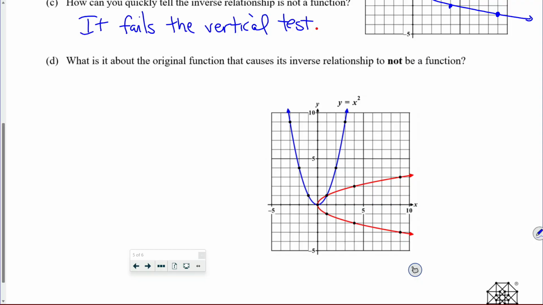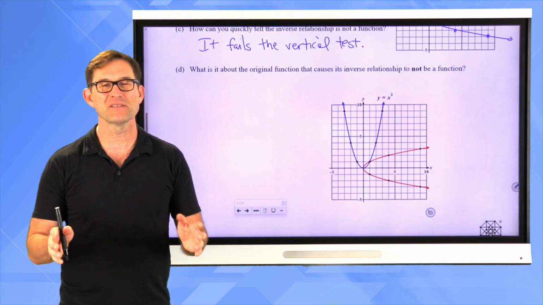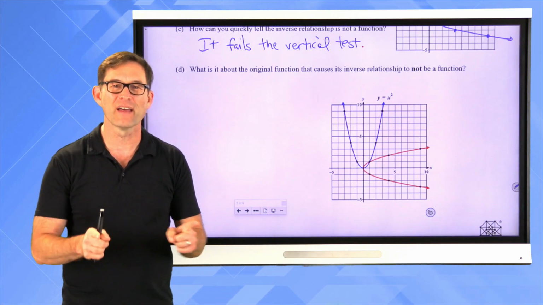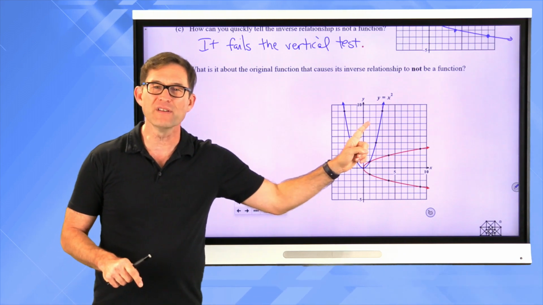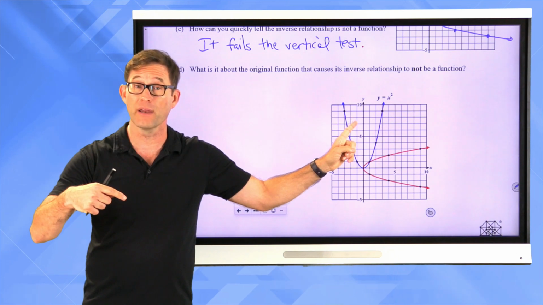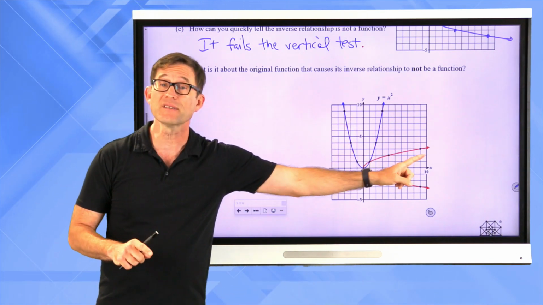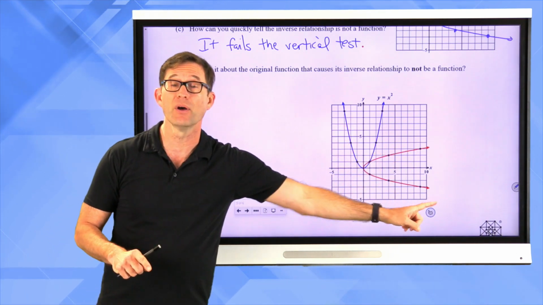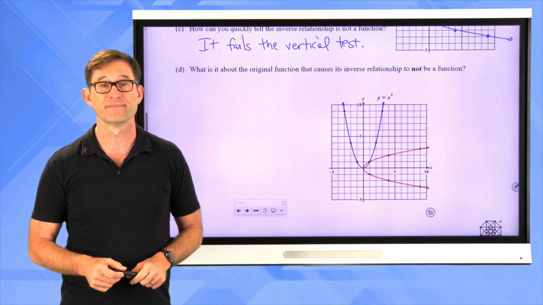Letter D. What is it about the original function that causes its inverse relationship to not be a function? Well, pause the video now and see if you can answer. What was it about this function, as opposed to, let's say, the last example where we were looking at a linear function, that causes its inverse relationship to not be a function?